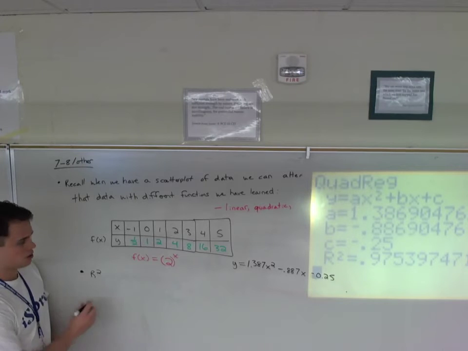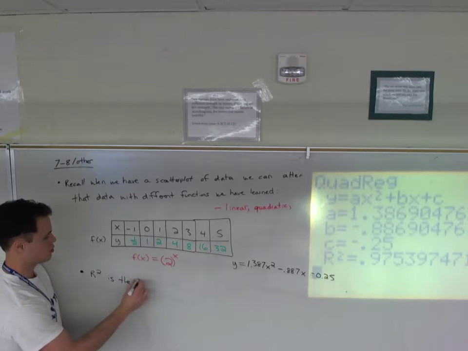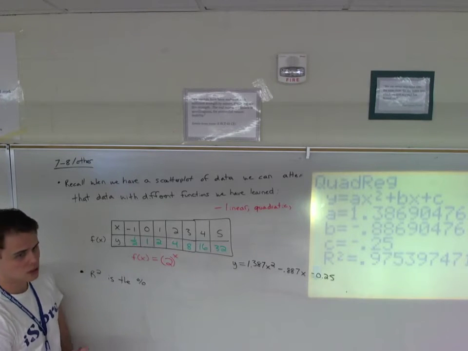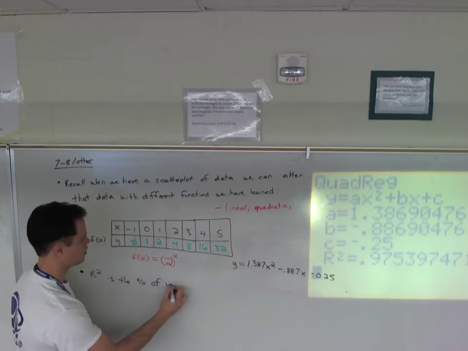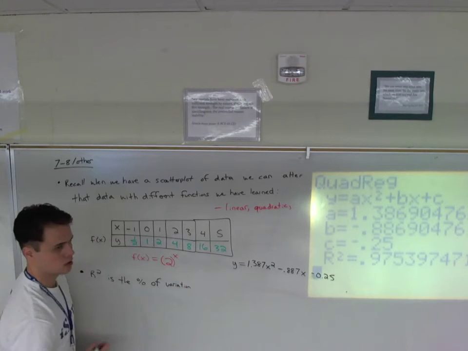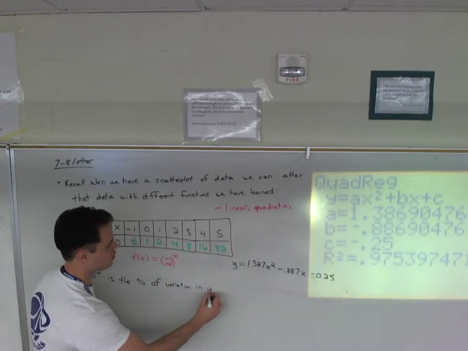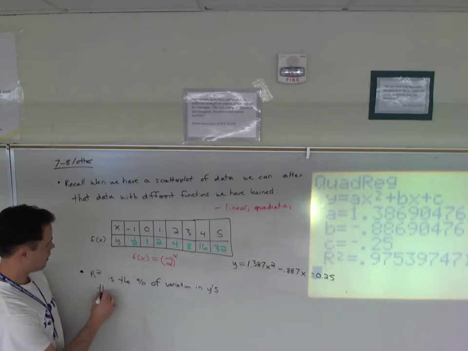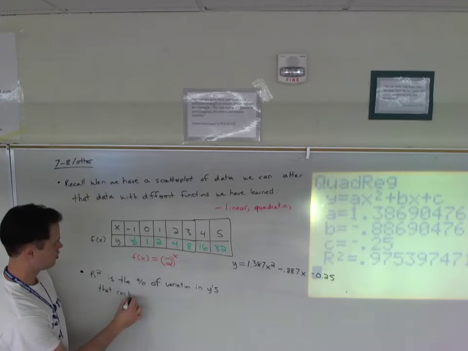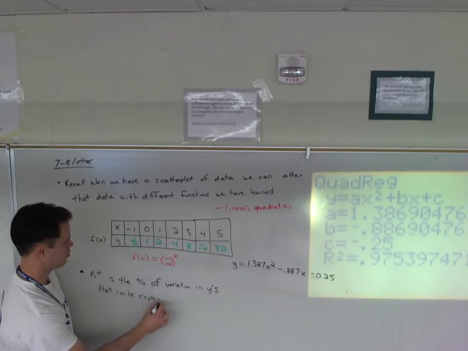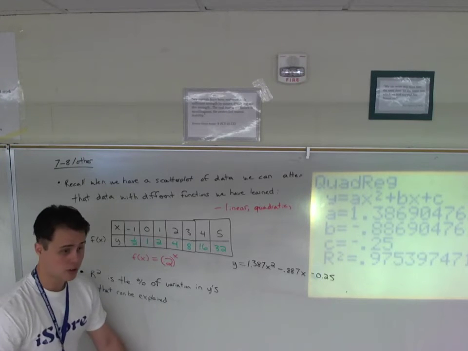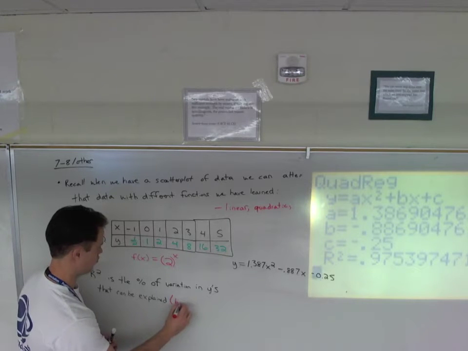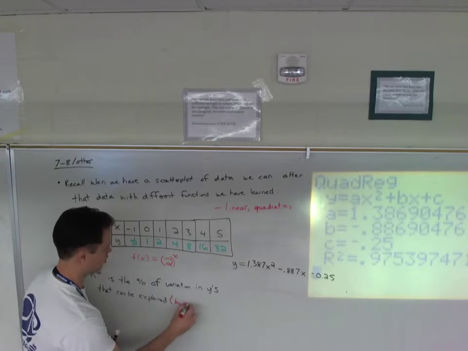So R squared is the percent. Notice it's a percent. So here we have 97.5% of variation. It's the percent of variation in the y's, these y's for our data set, that can be explained by whatever model you came up with, by the current model.